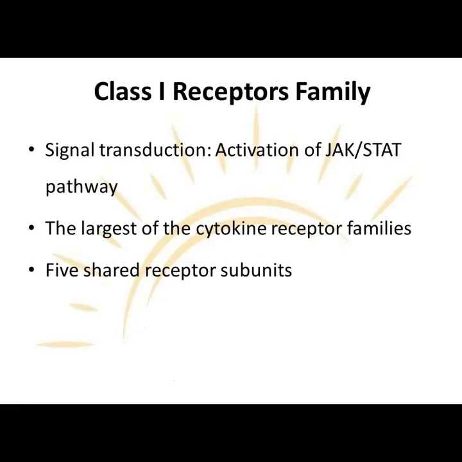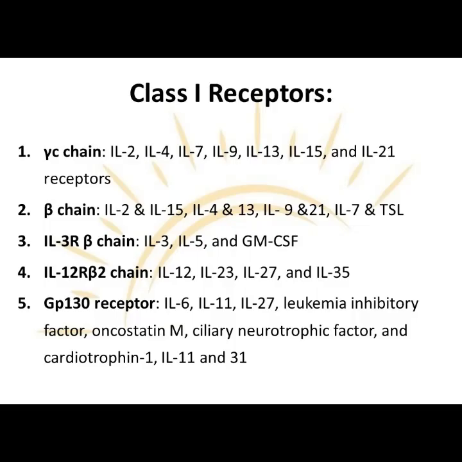Class I receptors family. The largest of the cytokine receptor families. Signal transduction is via activation of the JAK-STAT pathway. Five shared receptor subunits have been described to date. One: IL-2, IL-4, IL-7, IL-9, IL-13, IL-15, and IL-21 receptors sharing the common gamma-C chain. Two: IL-2 and IL-15, IL-4 and 13, IL-9 and 21, IL-7 and TSLP, sharing the common beta chain.